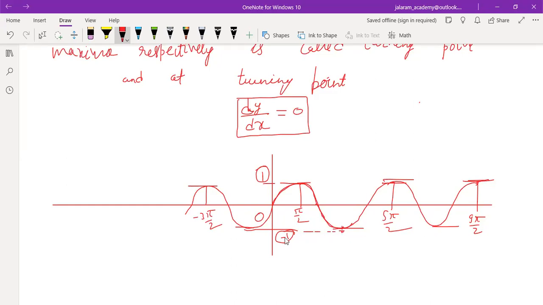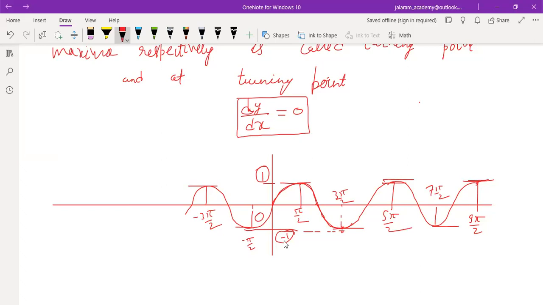Pi by 2, 5 pi by 2, 9 pi by 2, -3 pi by 2. So there are several points of maxima. Similarly, these points are the points of minima, like this 3 pi by 2 plus 2 pi, 7 pi by 2, and this one also -pi by 2. All are the points of minima. So there are several points of minima and several points of maxima.